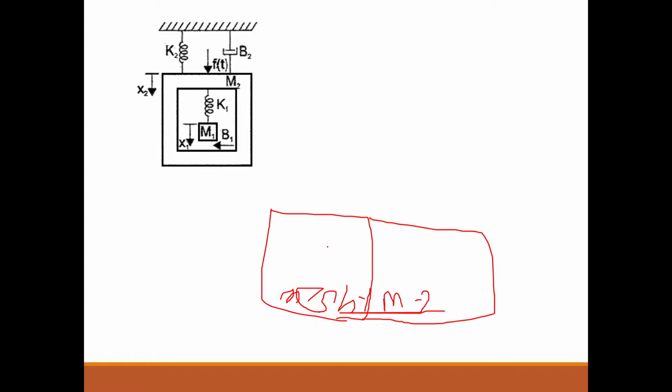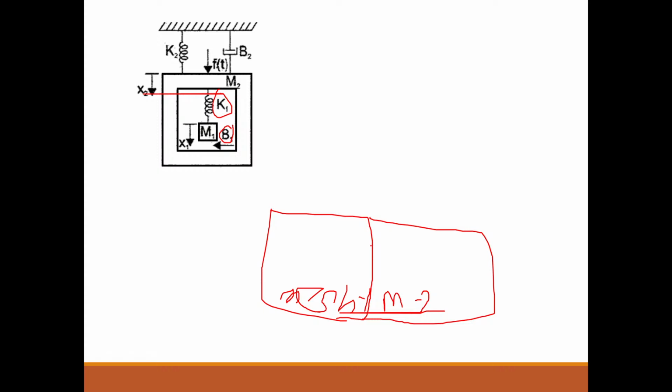So now, what are the common elements between mesh 2 and mesh 1? B1 and K1. Here I am showing you K1 and B1 in the mechanical system. They are the common elements. So what is K1? K1 is 1 by C1.